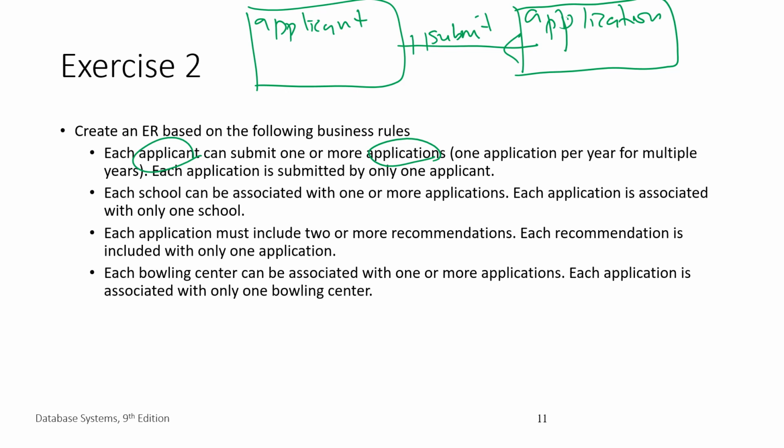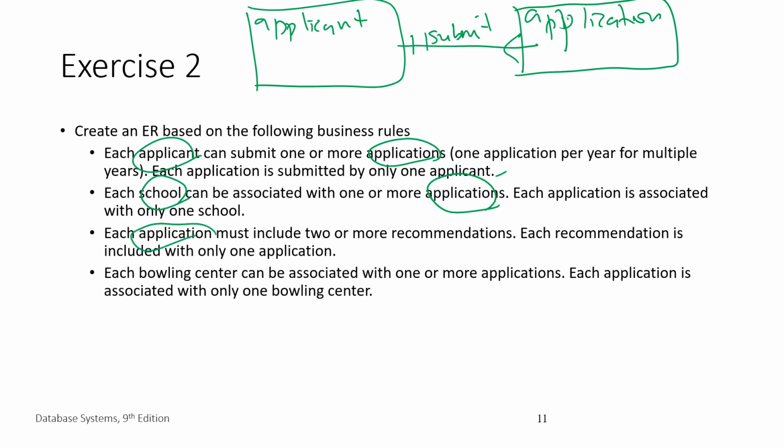Each school can be associated with one or more applications, so this is school and application. Each application is associated with only one school, so you can create it similarly, with a one to many relationship. Each application must include 2 or more recommendations.